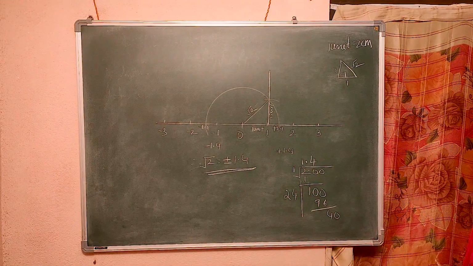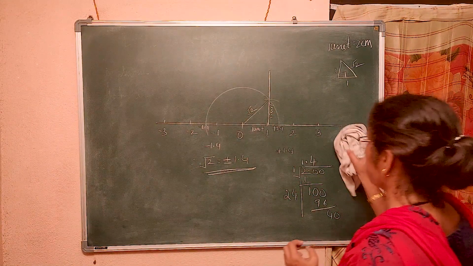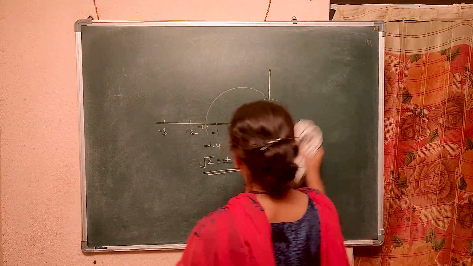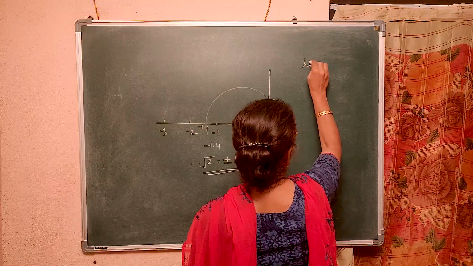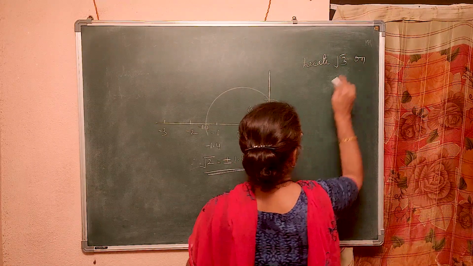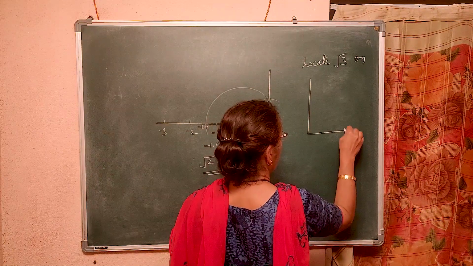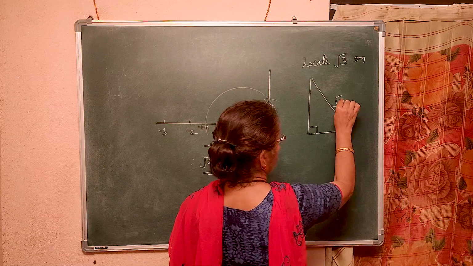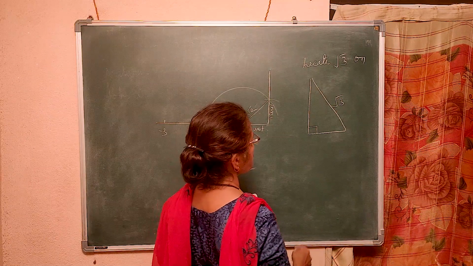Locate square root of 3 on a number line. Same logic, you are drawing a right angle triangle and I want square root of 3. How can I do it?